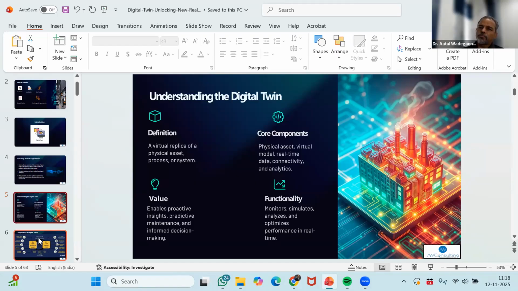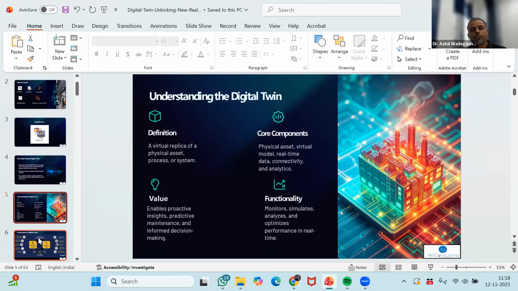Then the core components of a digital twin are the physical asset, whatever we are talking about, its virtual model, real-time data, connectivity, and analytics. The value it adds is that it provides proactive insights. Before anything happens, we can predict or see the foresight, and simulate it.